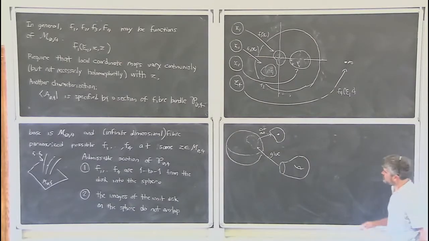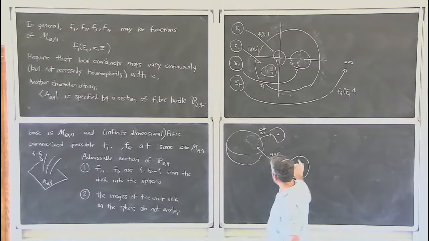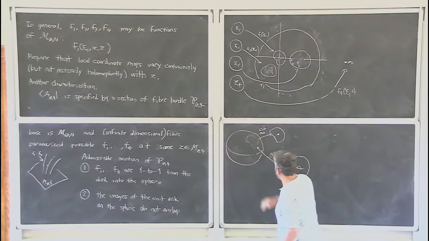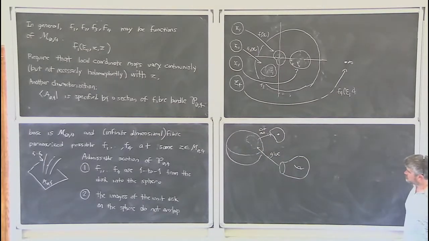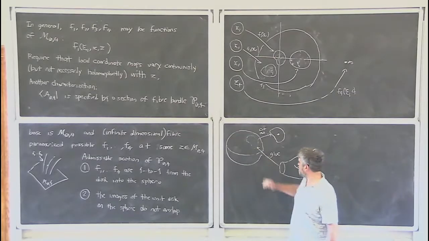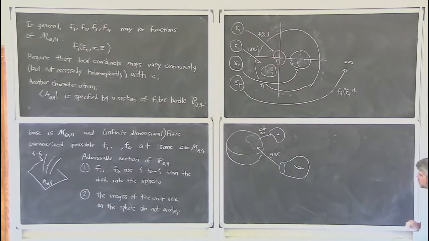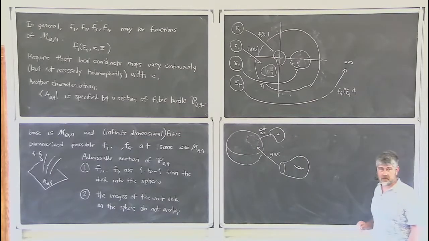This will define the contraction of this state with this sphere, and this tells you how to compute the off-shell amplitude with such a state. Is it clear?